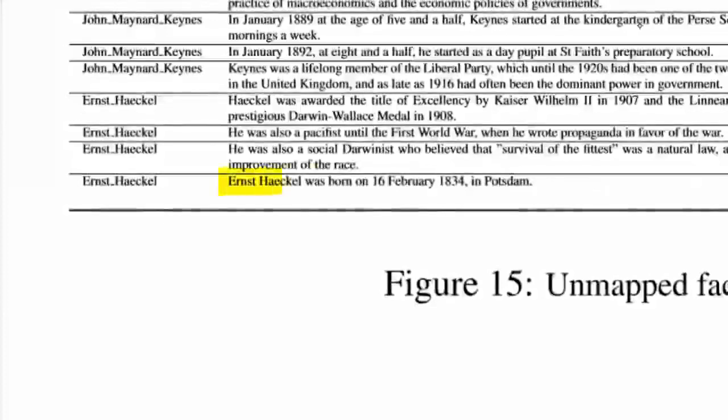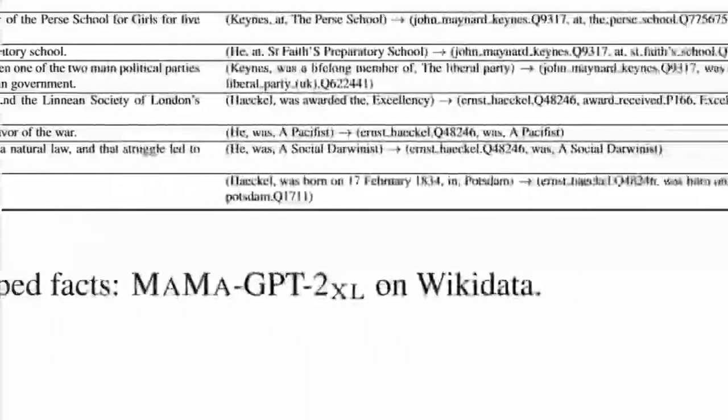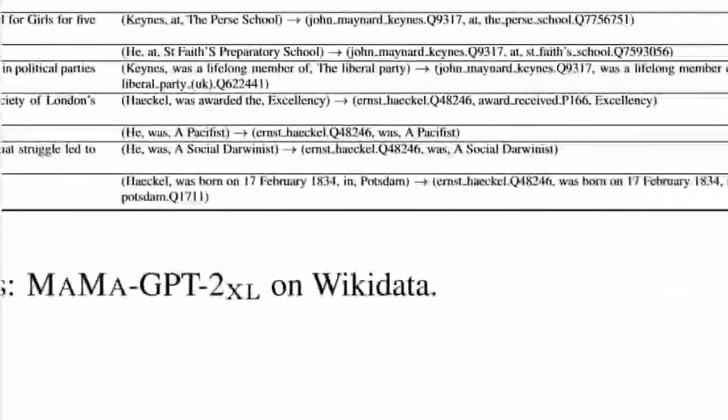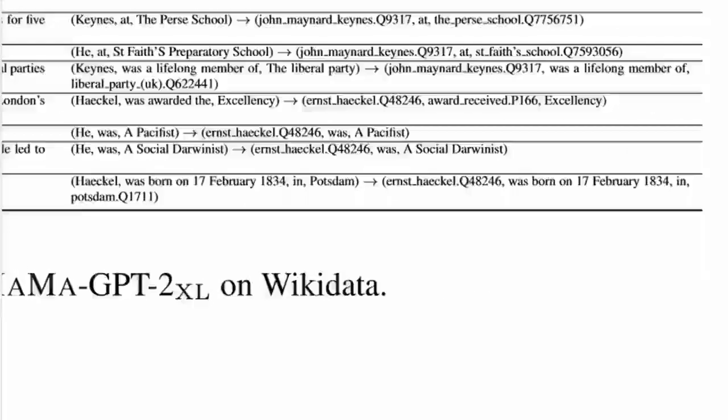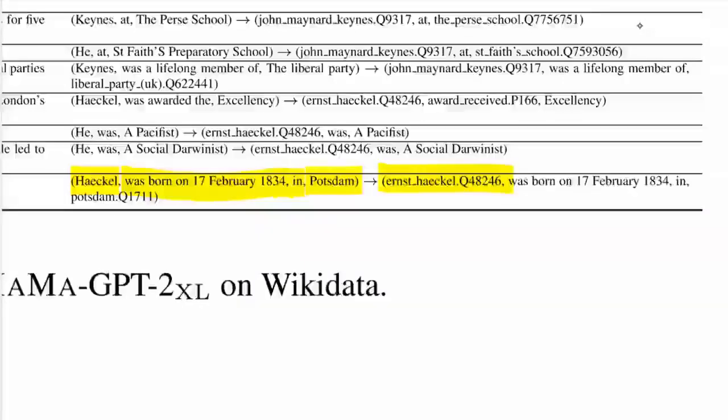Okay, Ernst Haeckel was born 16th of February 1834 in Potsdam. The extracted thing is Haeckel was born on 17th of February 1833 in Potsdam. So that maps to this in the knowledge base schema. This is in the schema, but 'was born on 17th of February 1833 in' is simply a failure of the relation linker.